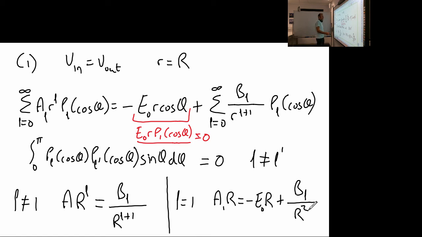Okay, now let's move on to the second boundary condition. For the second boundary condition we have the discontinuity, so we have epsilon times the derivative of the potential inside with respect to r equal to epsilon naught times the derivative of the potential outside with respect to r.